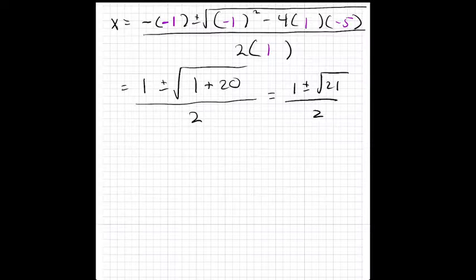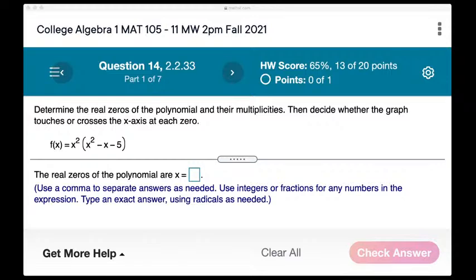Okay. So the real zeros of the polynomial. Okay. So if we set, for instance, if we set x squared equal to 0 and solve, we get a result of 0.